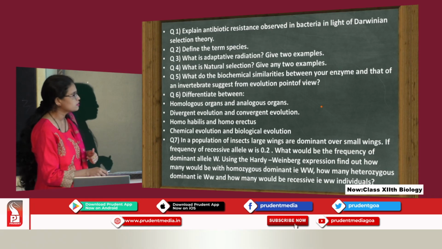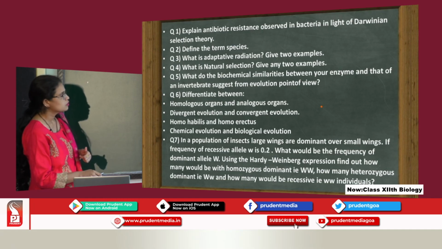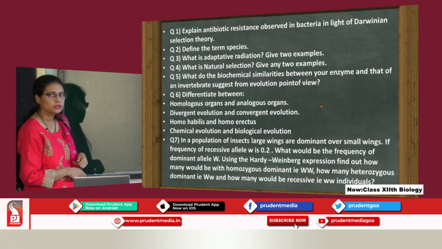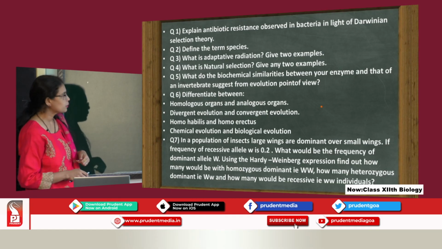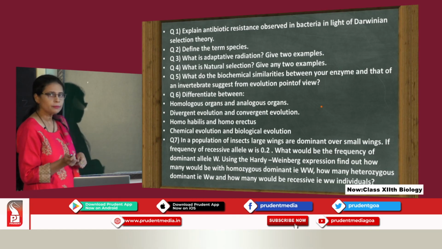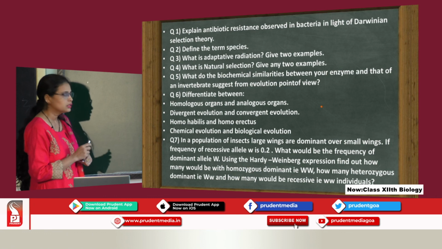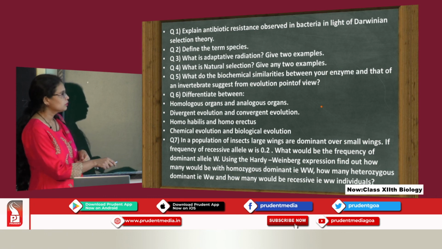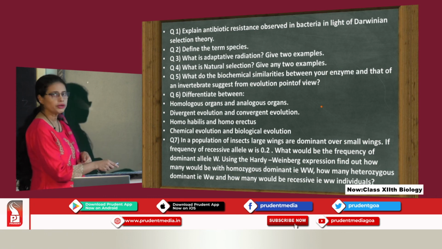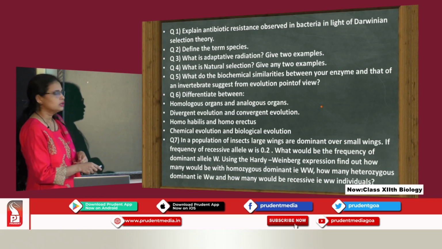The value of the recessive allele, small w, is given as 0.2. Now what is asked? What would be the frequency of the dominant allele? Very simple, p plus q is equal to 1. So if q is 0.2, naturally p, that is capital W, would be 0.8.